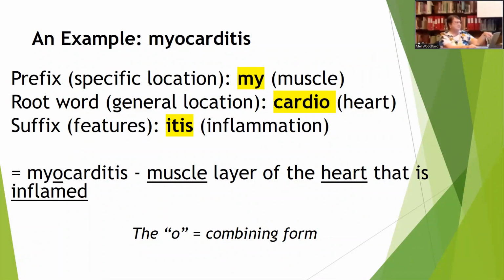Then the root word is the general location, cardio, which is heart. The suffix is describing the features, in this case itis, which is inflammation. So if you put that word together, it's the muscle layer of the heart that is inflamed. And the O is what we call a combining form.